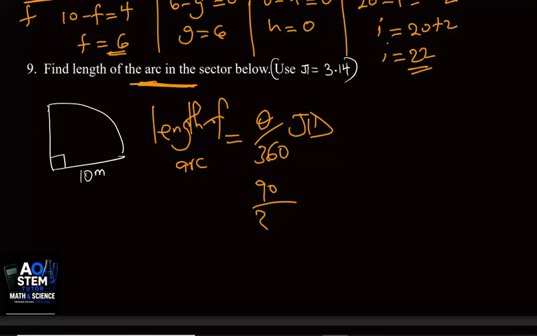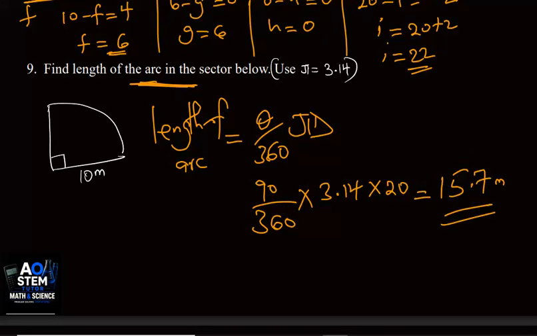So 90 over 360 times 3.14 times diameter is 20. You can put that in your calculator. Theta over 360 times 3.14 times 20 is 15.7. So 15.7 meter is the length of the arc.